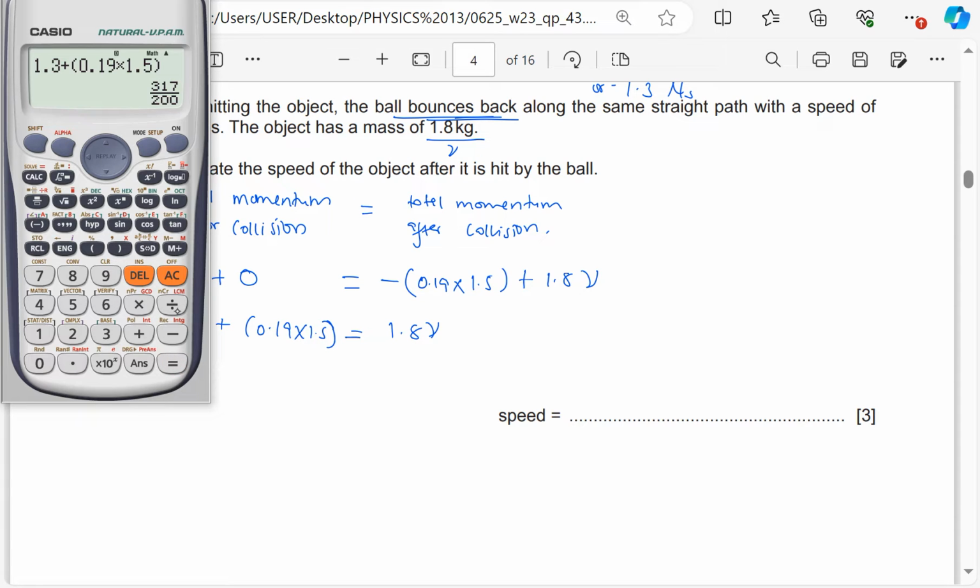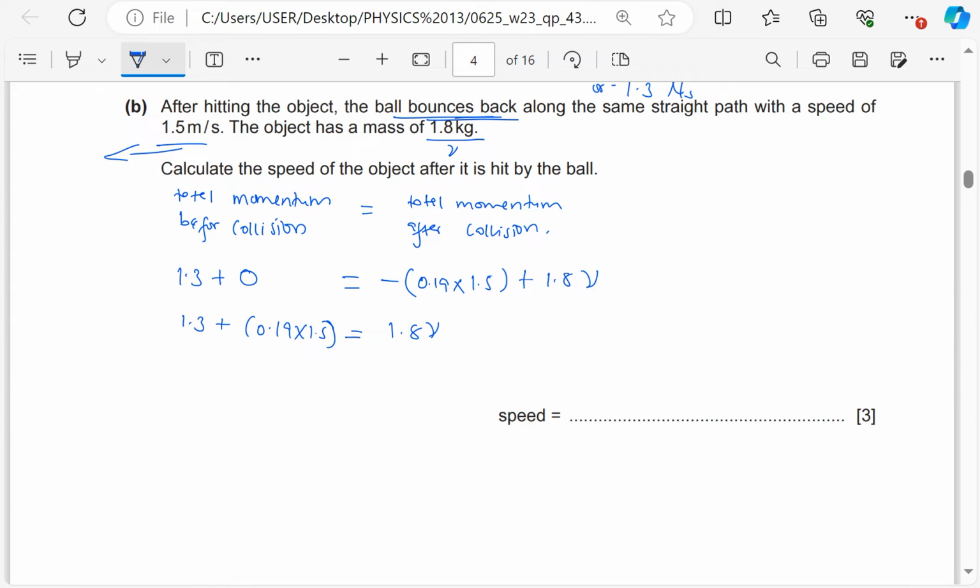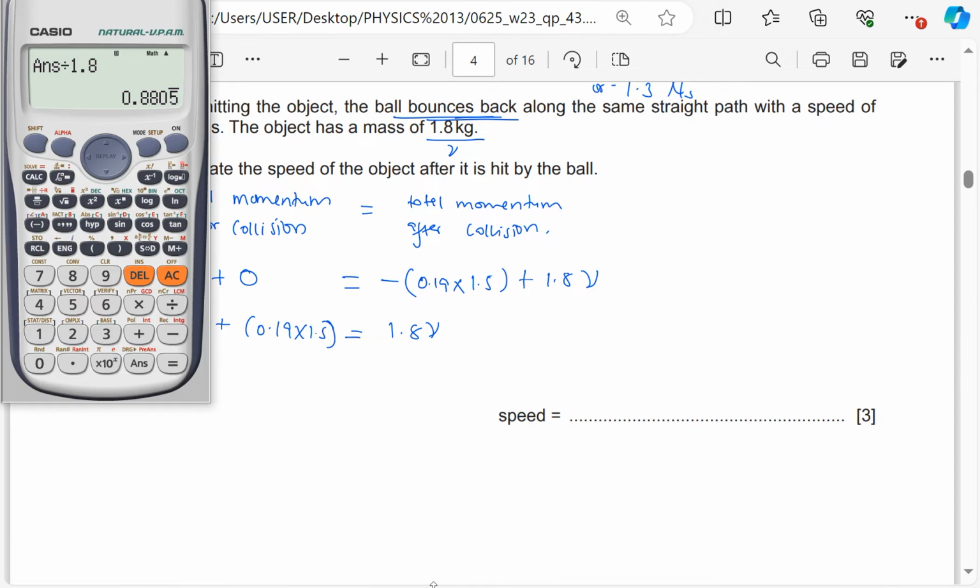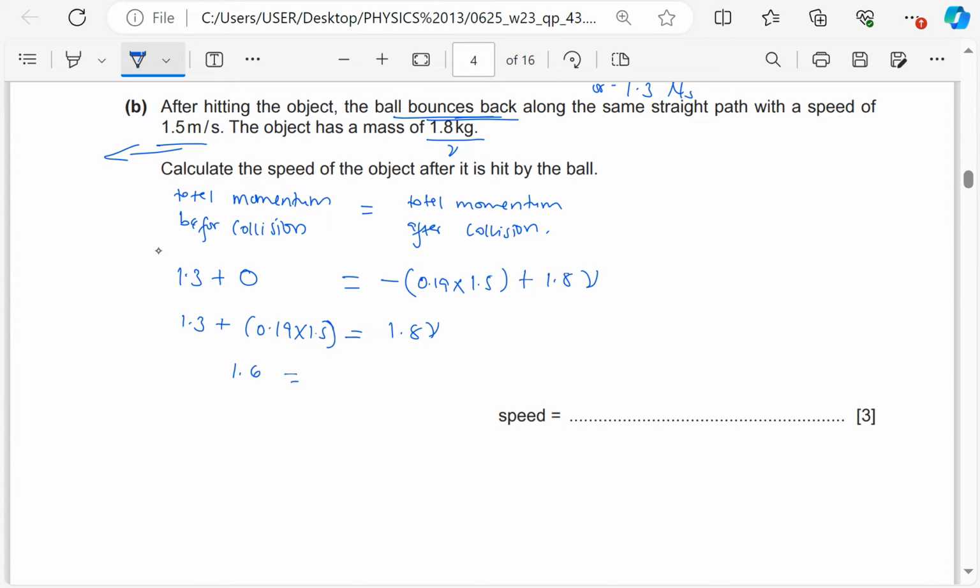Then I'm going to divide this by 1.8. So this is 0.88. Let me try this again. 0.19 times 1.5 plus 1.3 is approximately 1.6, which equals 1.8 times v.